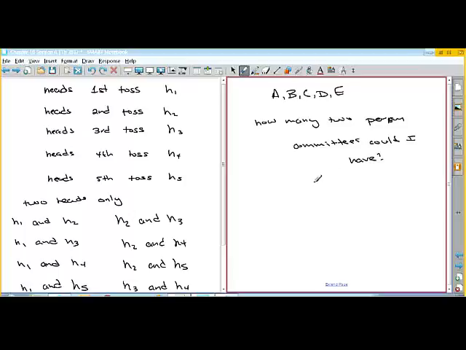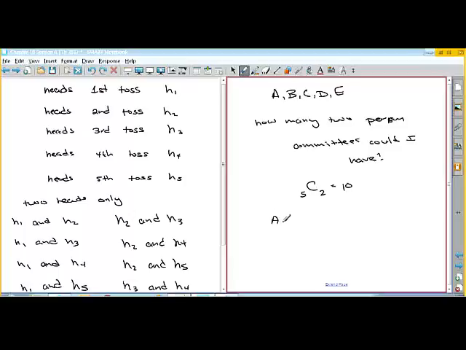Because I'm specifically talking about committees, I would say, okay, I've got five people, I'm choosing two. That would be pretty straightforward. But what I'm really doing here ends up being, I think, 10.